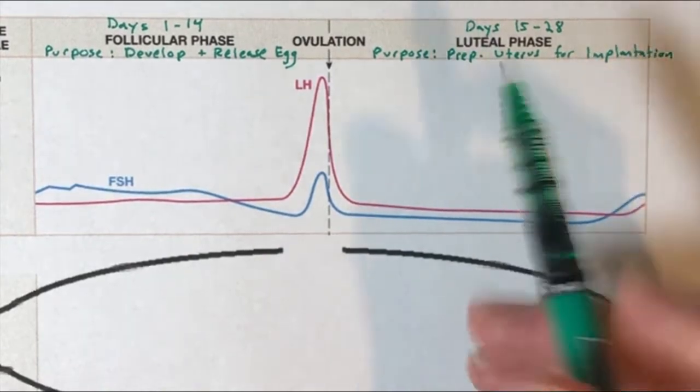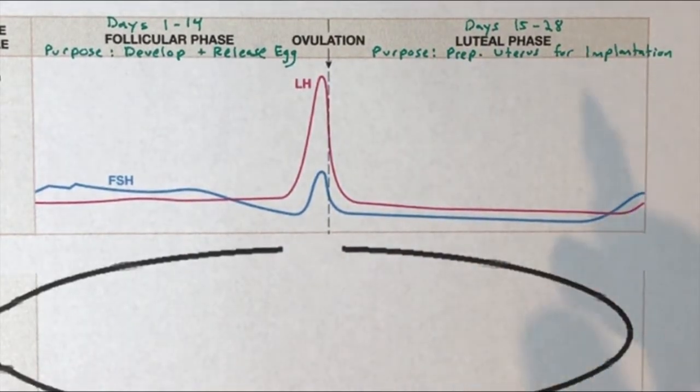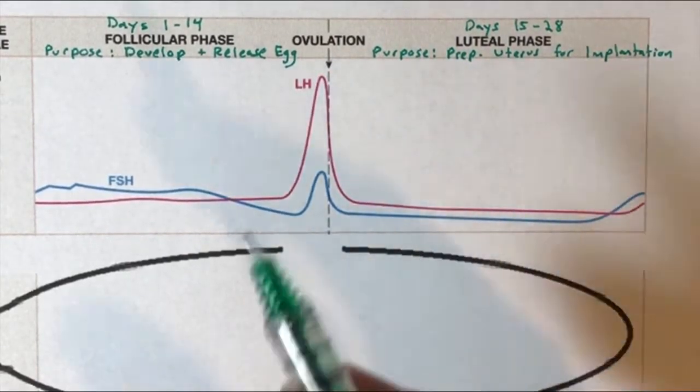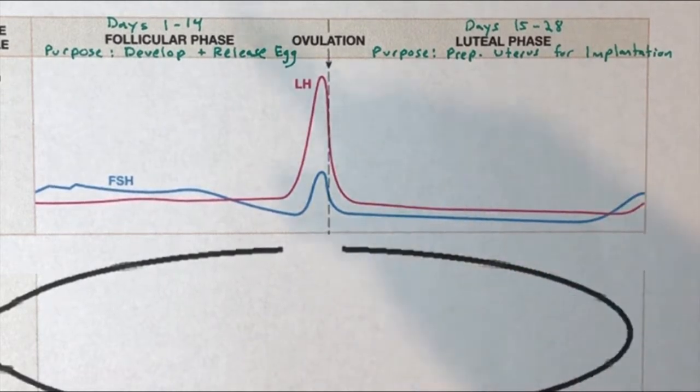Another side note: in this worksheet, we're going to focus on pregnancy not happening. So we're going to just think about a typical menstrual cycle, which results in no fertilization.